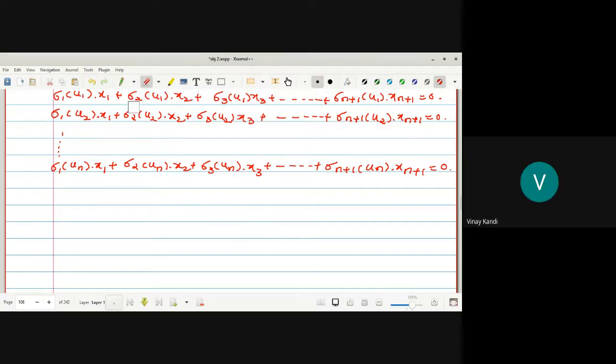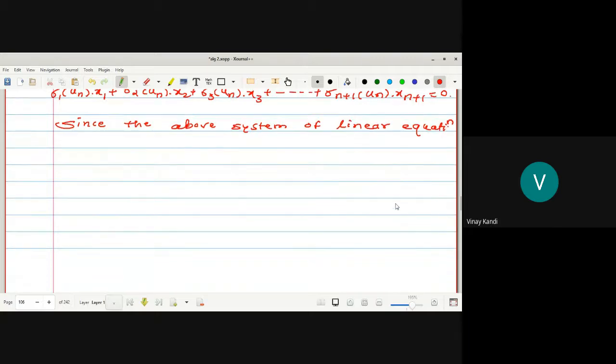Look at here. Since the above system of linear equations, the right hand side is equal to 0, this is a system of linear homogeneous equations.